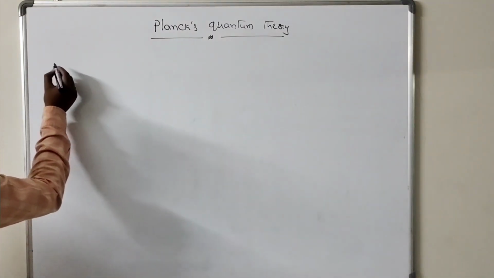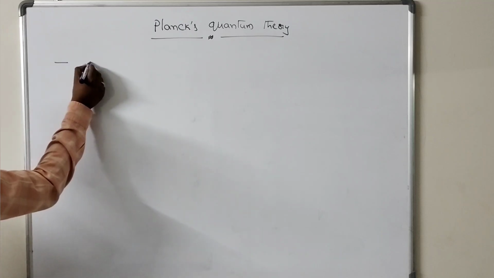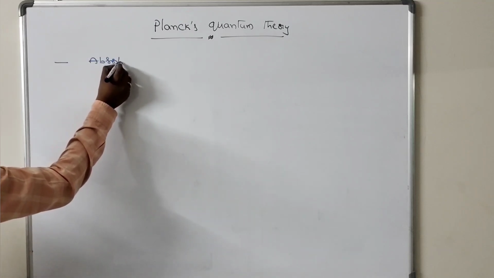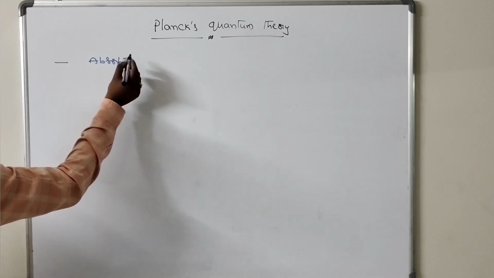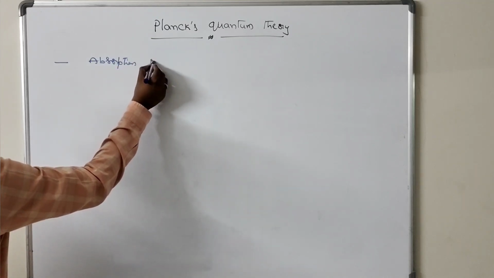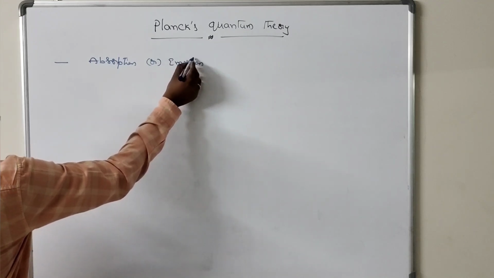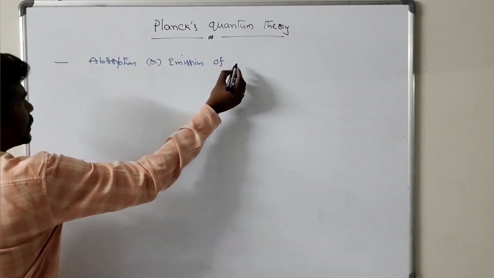The first point of quantum theory is absorption or emission of radiation.